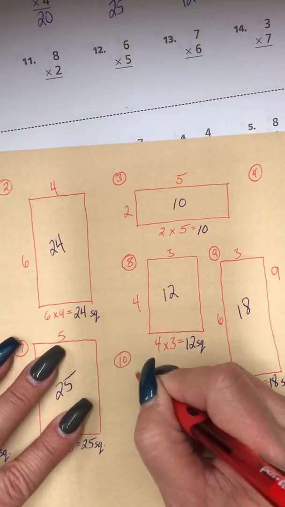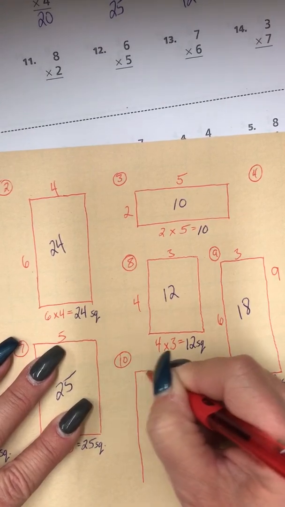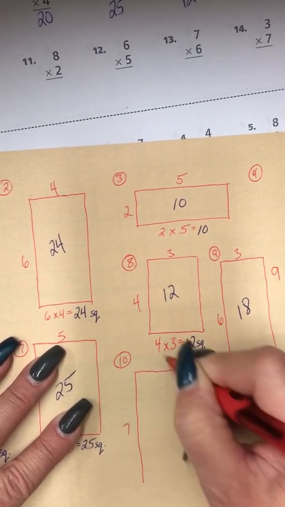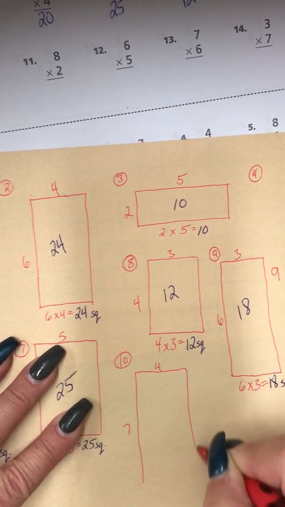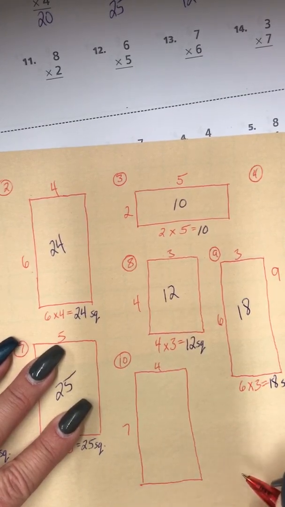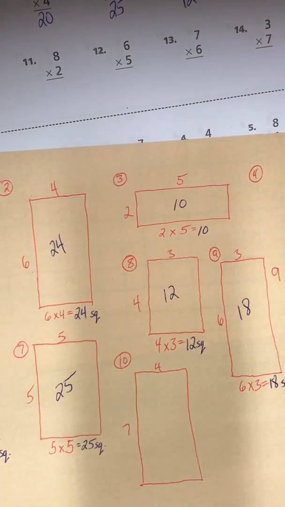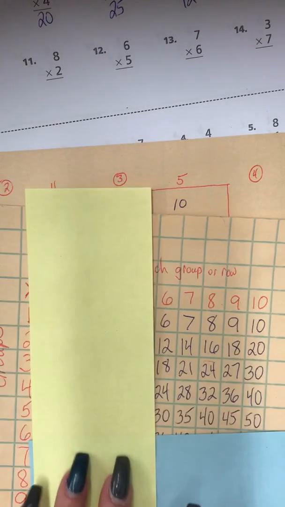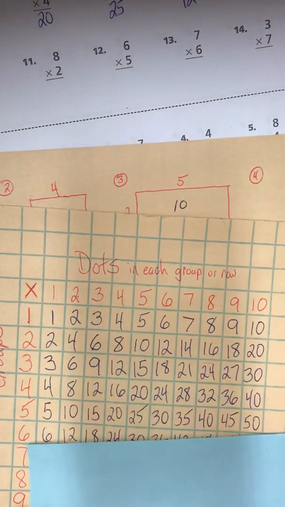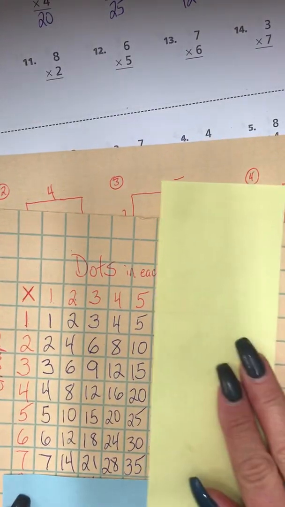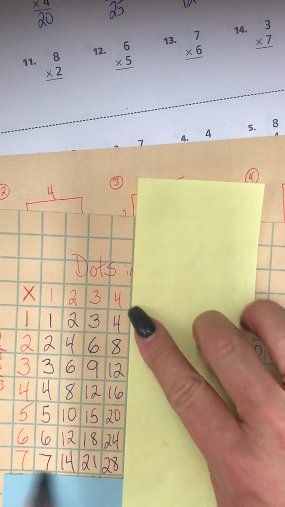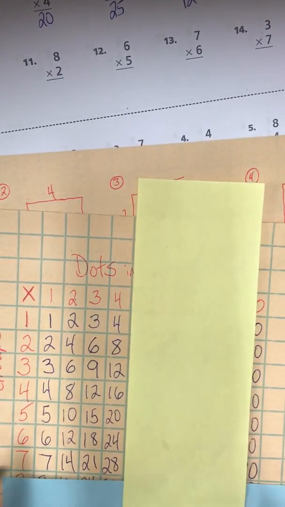So I'm going to drop this down here. 7 rows of 4. 7 rows of 4. And let's lose our chart so that we can see what we have here. 7 times 4. 7 rows of 4 is 28.